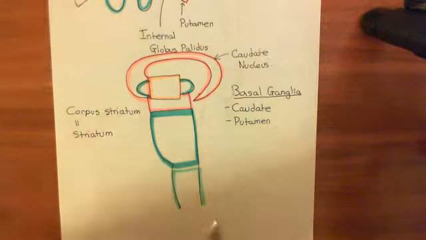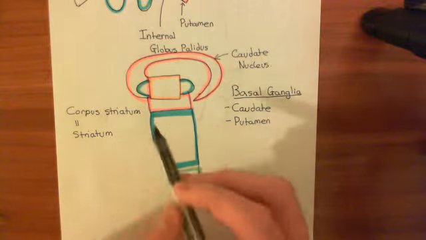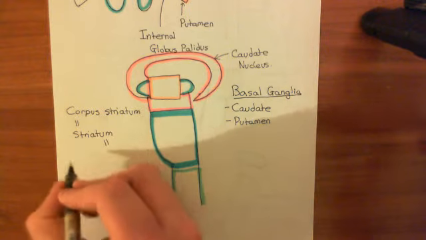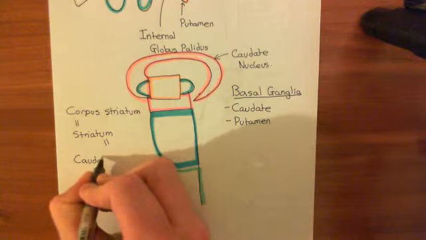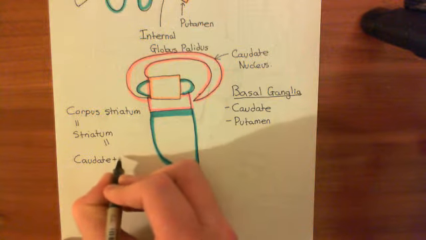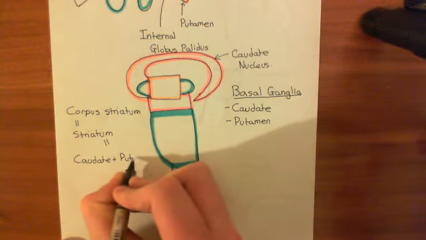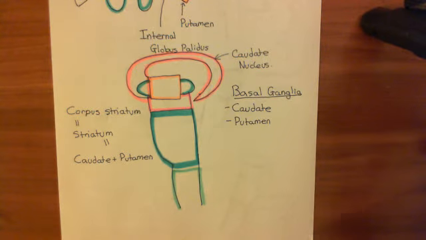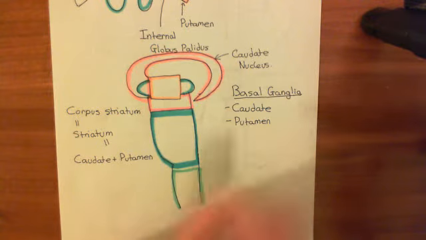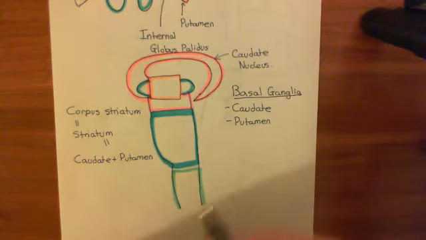Okay, now it means the caudate together with the putamen. So this basically means the caudate nucleus, caudate here, in red, plus the putamen in orange, basically. So that together they are referred to as the corpus striatum, or merely just striatum. So the striatum, the caudate and the putamen, are a part of the basal ganglia.